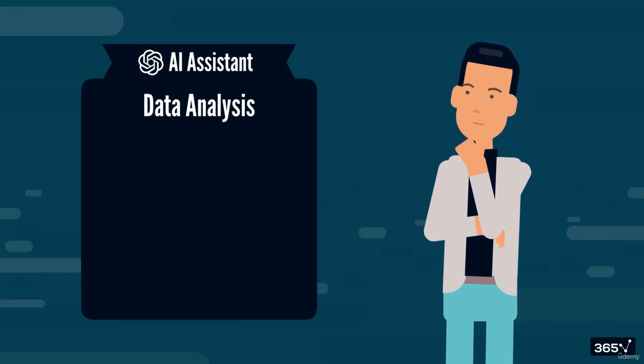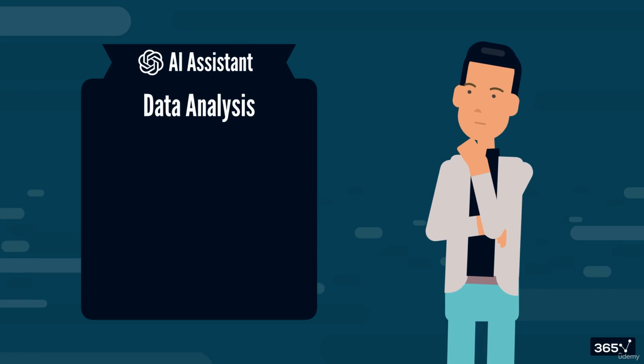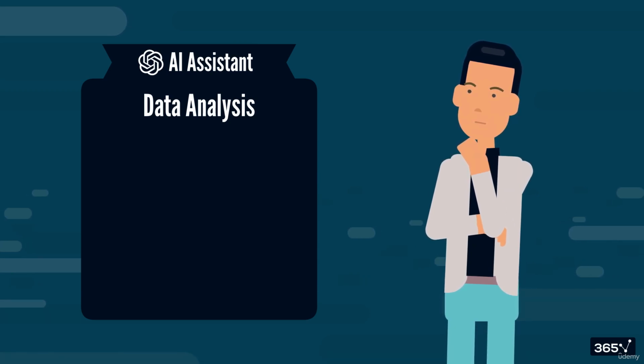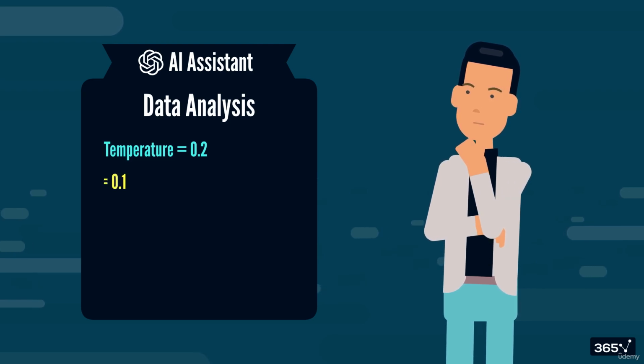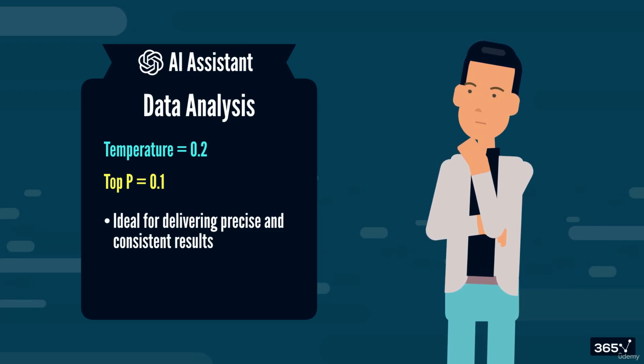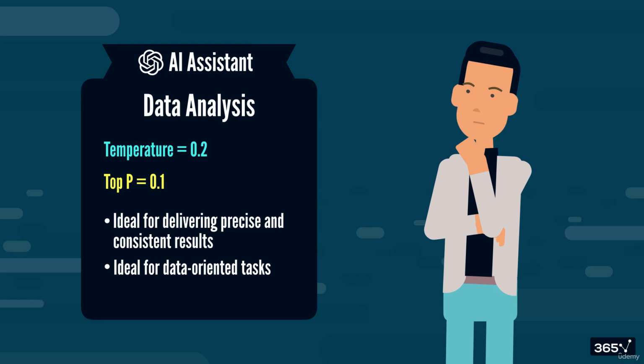Even the slightest error could lead to significant miscalculations. To ensure precision, we'll reduce the variability further by setting the temperature to 0.2 and top P to 0.1. This setup ensures the AI delivers precise and consistent results, making it ideal for data-oriented tasks like scripting and SQL querying.